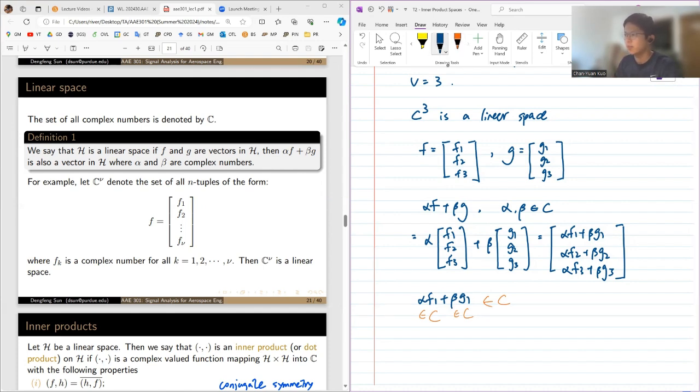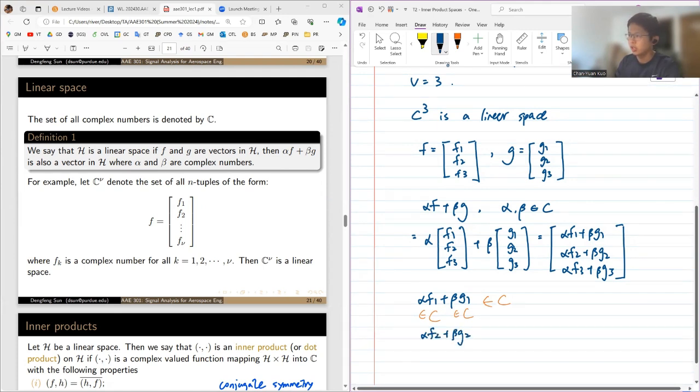And the same result can be applied to the other two components, alpha F2 plus beta G2 and alpha F3 plus beta G3. So this means that alpha F plus beta G is going to be in C^3 as well.